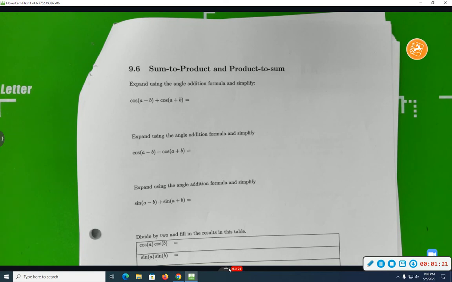If you want to add up two angles inside of a trig function, the way you do that is you multiply the cosine of the individual angles, and then you subtract the same thing but with sine.